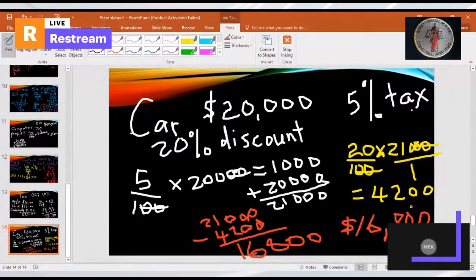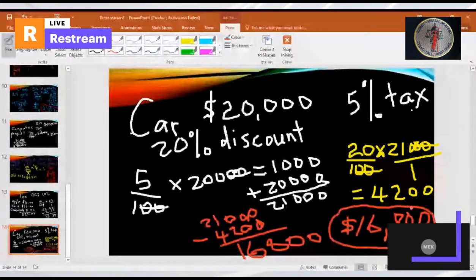But just to check on your own, work out the 20% discount, the 20% of the $20,000, subtract that from the $20,000, and then work out a 5% tax on that and add it to it.